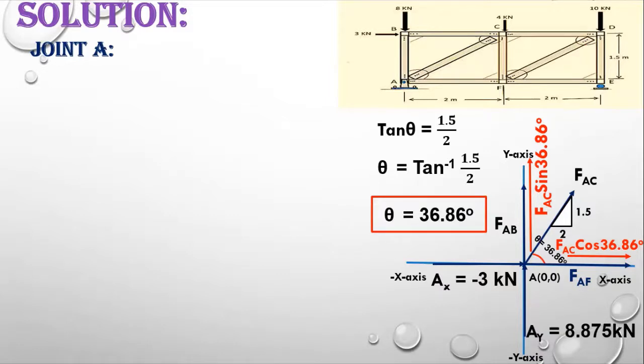FAF, AX, and FAC cos 36.86 degree. We don't know the value of FAF, and we know the value of FAB because we calculated FBA at joint B. And how many forces when we sum up vertical forces? AY, FAB, and FAC. So we have to sum up vertical forces first.